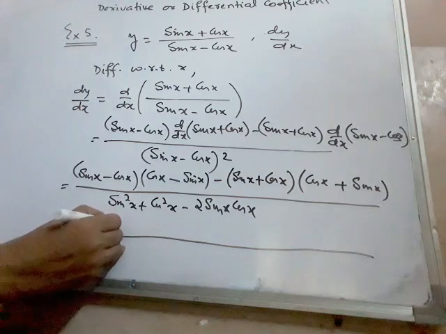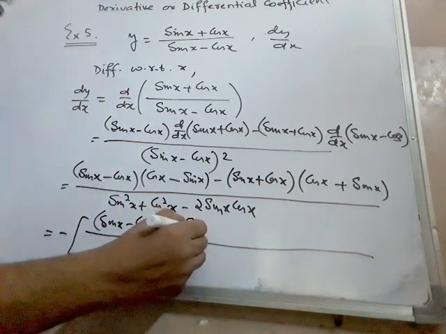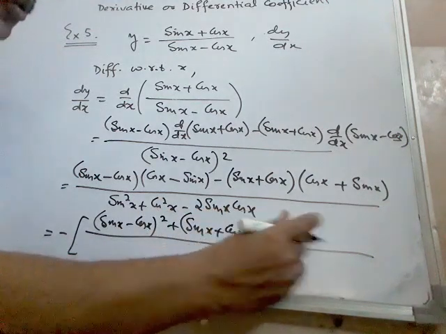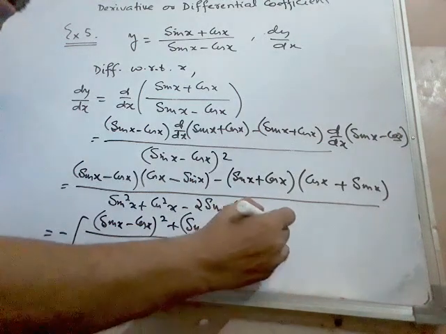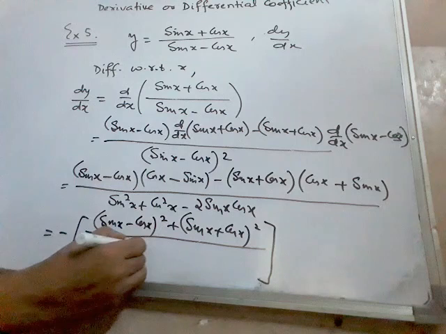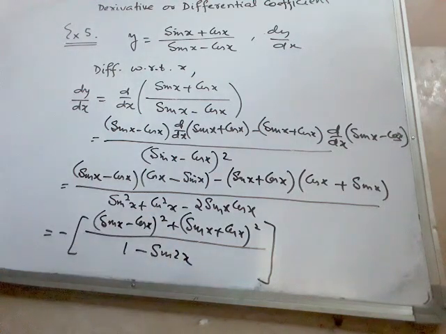It is (sin x minus cos x) whole square and (sin x plus cos x) whole square, divided by sin square x plus cos square x minus sin 2x, that is 1 minus sin 2x. In class 11, whatever trigonometry we have done, you just write down all the formulas of the trigonometry chapter in one place. Everything will be needed to do calculus in class 12.